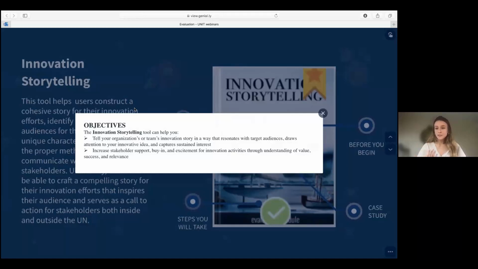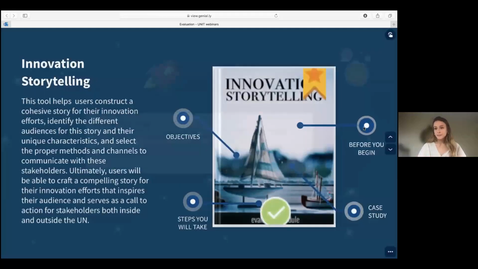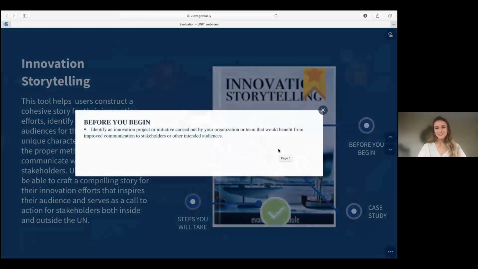The second objective, really related with this one, is to increase stakeholder support, which is always critical, buy-in, excitement about the innovation activities you are involved in, through the understanding and the communication of value, success, and relevance of the activity you are performing. Before you begin, you have, as always, recommendations.